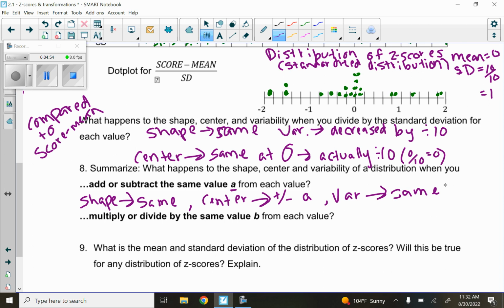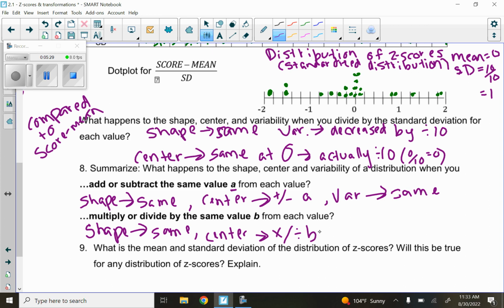Our shape, when we multiply or divide by that same value, and this time we're calling that value B, your shape is still the same. Your center is now either times or divided by that value.